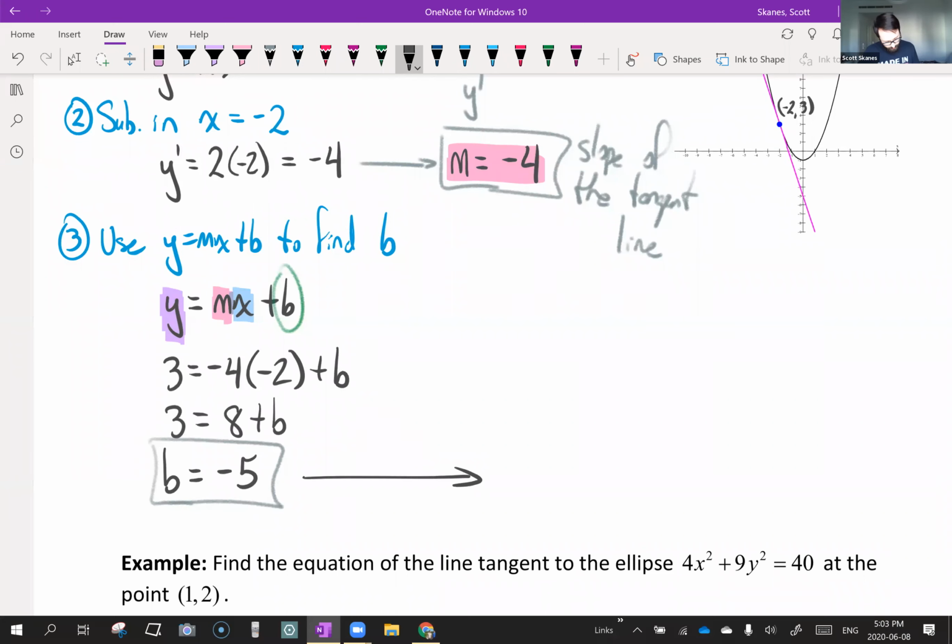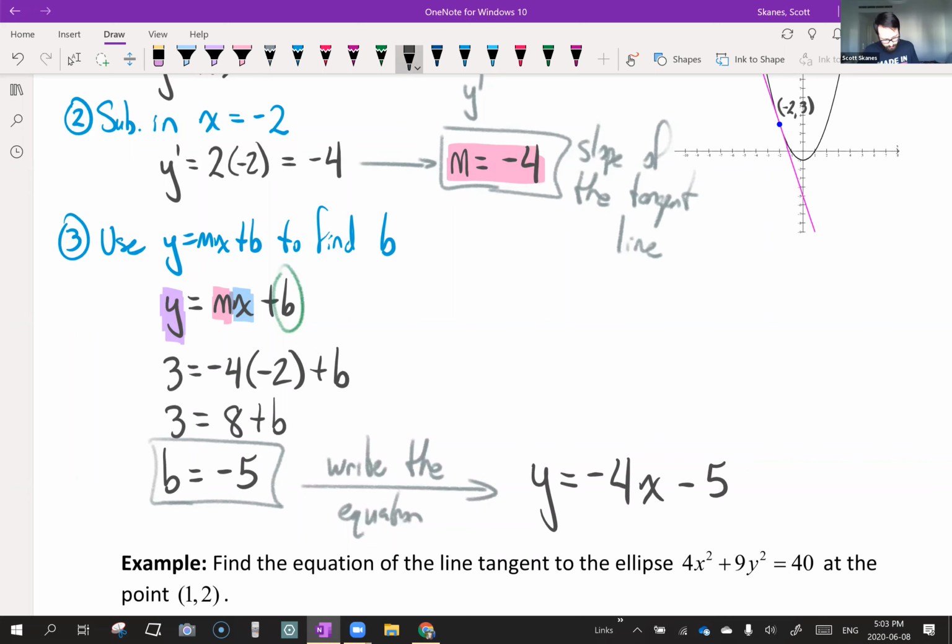This is our last step. So I'll say, write the equation. Y equals m x plus b, or minus 5 in this case.